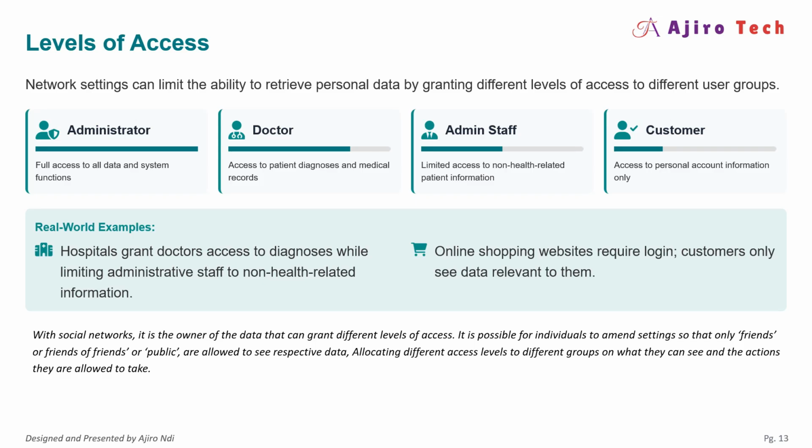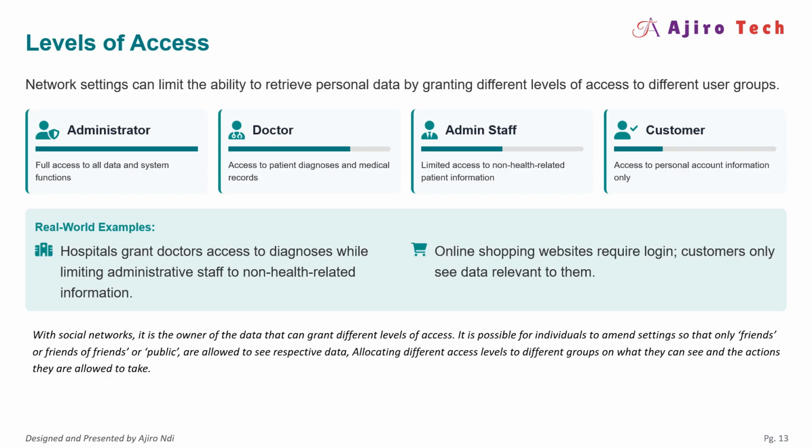So the customer will only see data that is relevant to them. However, if a programmer employed by the company accesses the customer database, they will be able to view all the customers' accounts. Those are various levels of access. This is because they have been given a higher level of access than the customer.